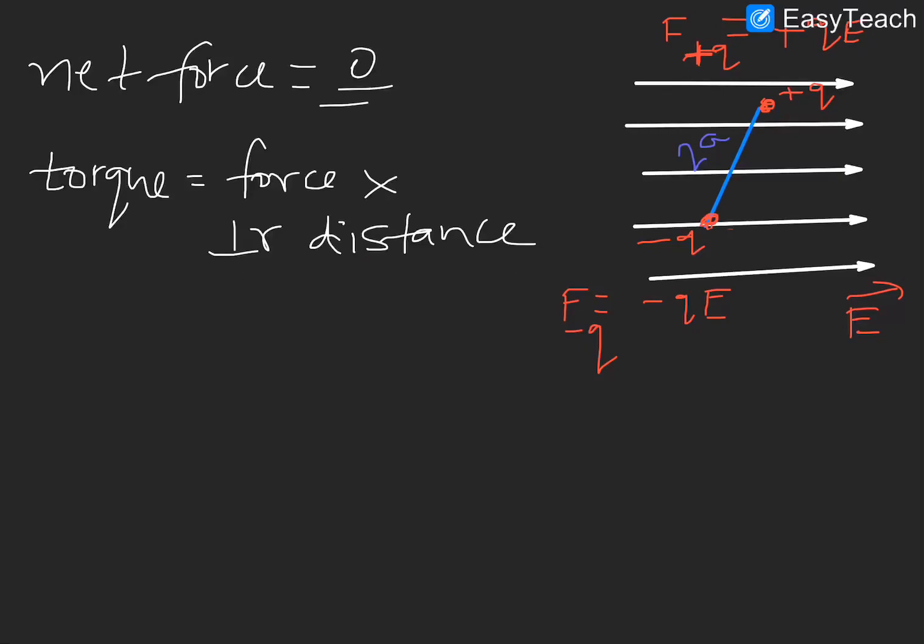Force you will get as QE, but perpendicular distance you don't know. But from the diagram you can find it. Perpendicular distance means the distance from the line of action of the first charge to the line of action of the second charge. This distance is called the perpendicular distance.